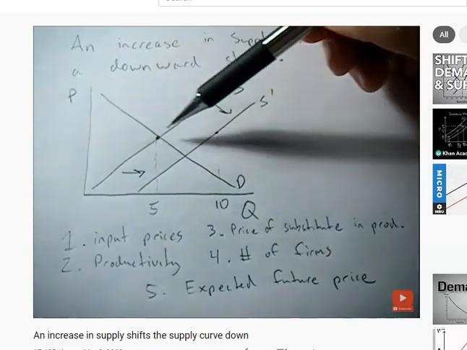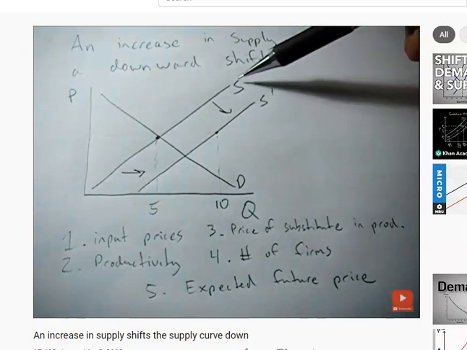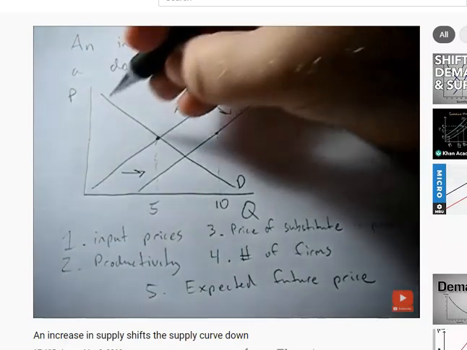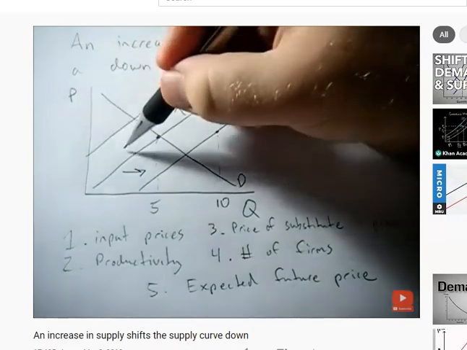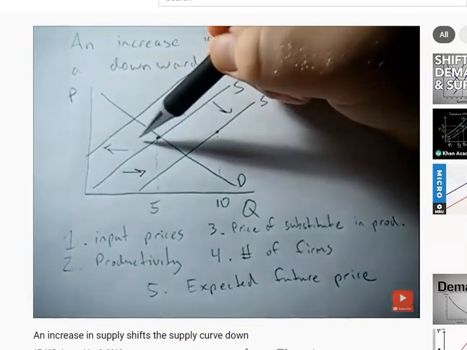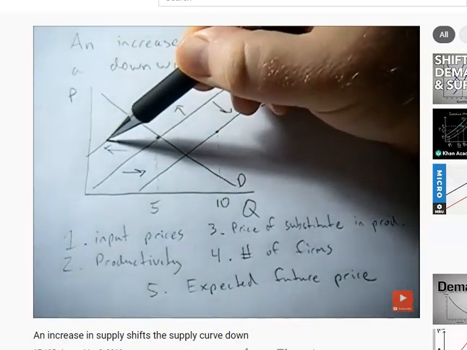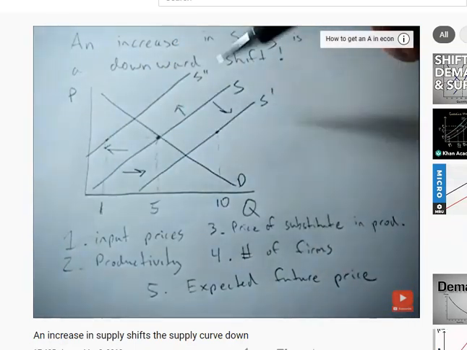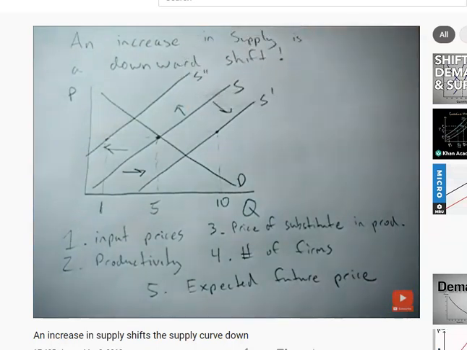So use this little price check to make sure you shift your supply in the right direction. An increase in supply is a downward shift. A decrease in supply is an upward shift or a leftward shift. So do that same price trick. If the price is the same, here quantity supplied might be 1. So an increase in supply goes down, downward shift, decrease in supply, upward shift.